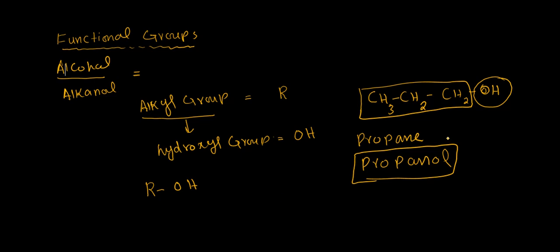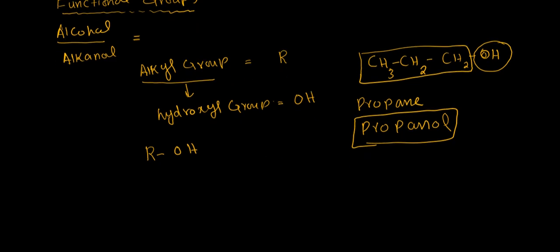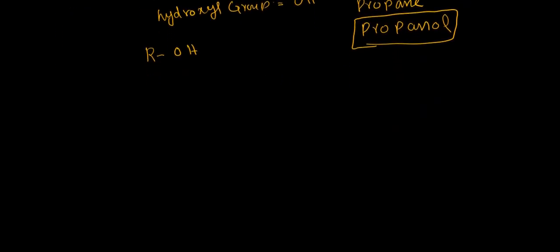Let us take another example of a 4-carbon molecule, which is CH3, CH2, CH2, CH2OH. It is a 4-carbon chain, its parent name is butane, so it will be butanol.